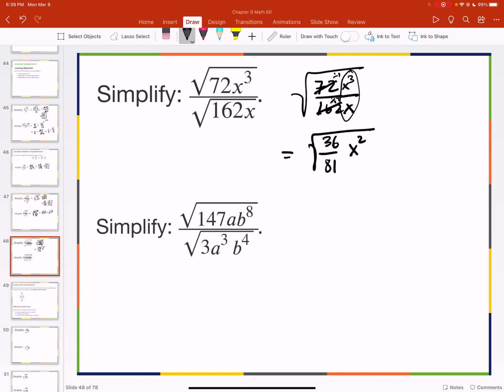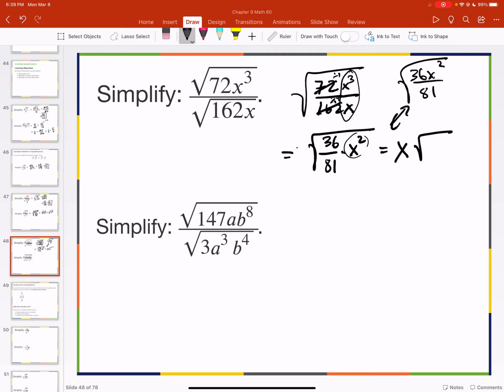Now, you can write this as the same thing as the square root of 36x squared over 81. I just want to make sure that it's clear these two you can write the same; it comes out to the same thing anyway. I'm writing it this way so that you can see that the x squared can come out and becomes x, because the square root of x squared is just x.